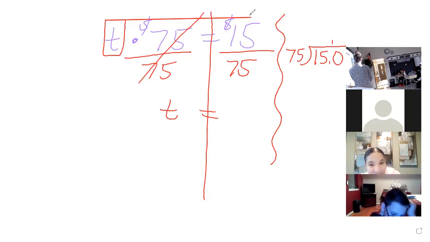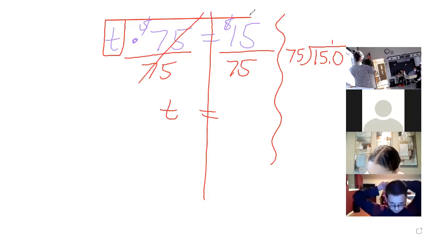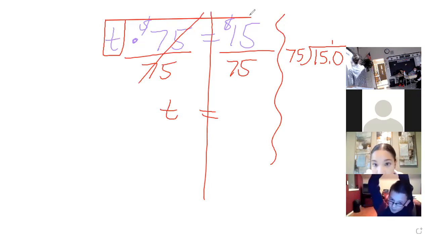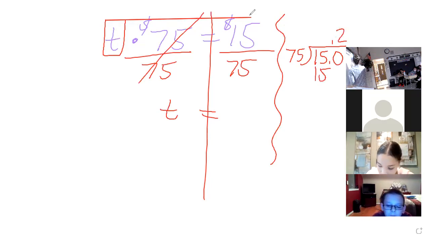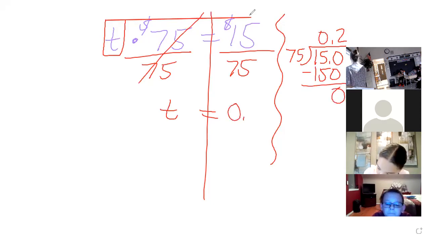Do you remember this? Now I can do it. How many times does 75 fit into 150? Think of money to help you along. Think of some quarters to help you with that connection. 2. That's it. And that's 150. So the answer is 0.2.